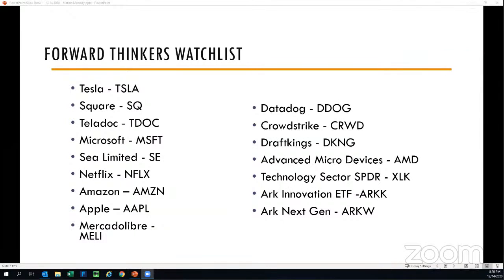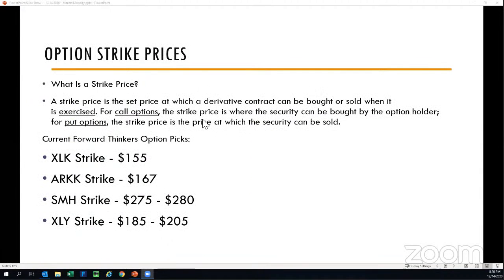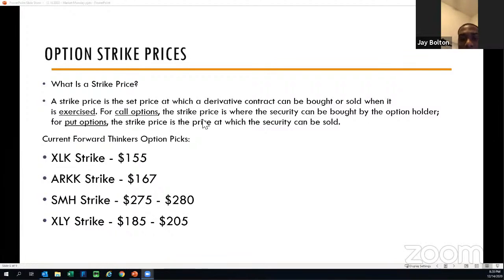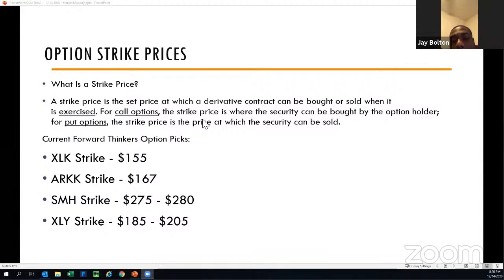Brandon, can you go back to the slide where he was talking about the XLY, XLK? Yeah, right there. So you said the XLK strike price of 155 is around 700 right now. Yes, sir. Let me check. Is that 2023 or 2022? 2023, right? 2023. All right, hold on, I'm about to look real quick.